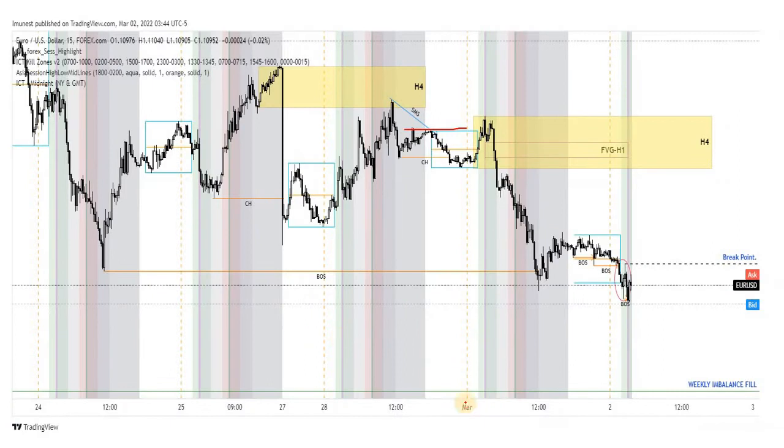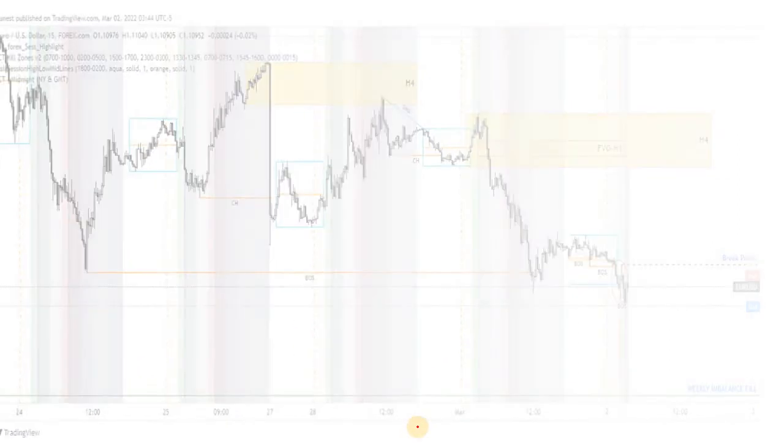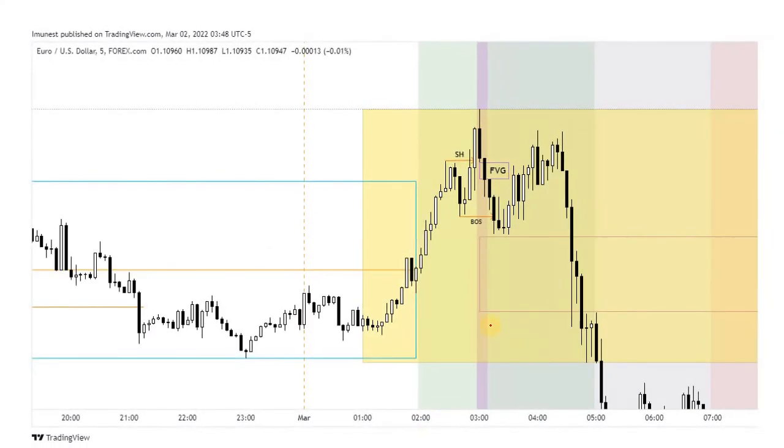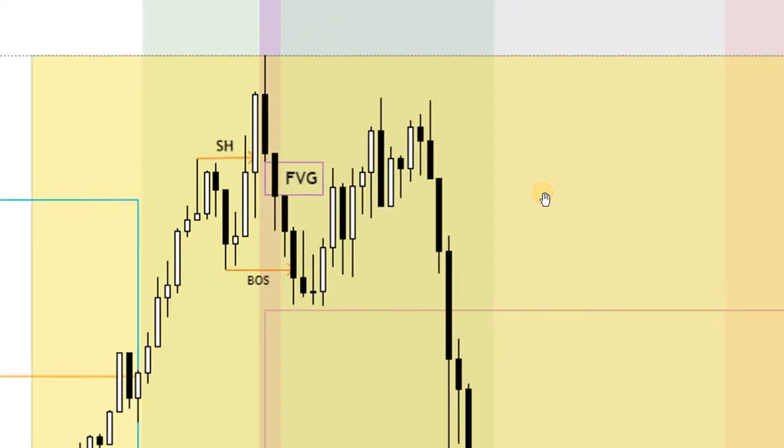Okay, so if we move on to the 5 minutes time frame, you will see exactly what I'm talking about. Let me just show this one very clearly. So you can see this order block. This is the London Q zone.